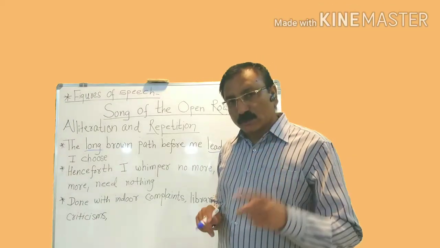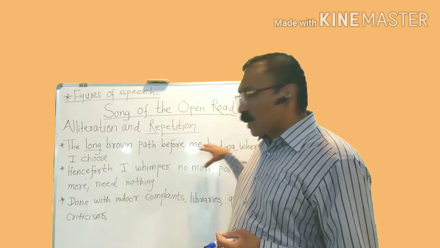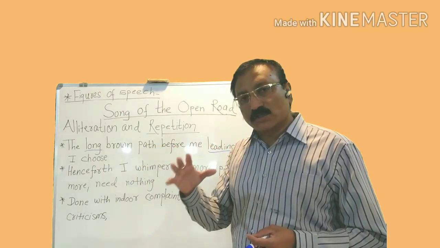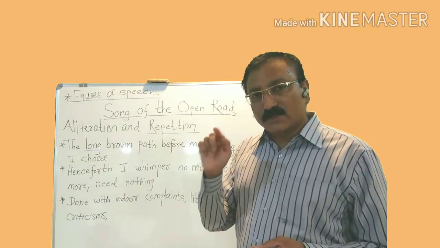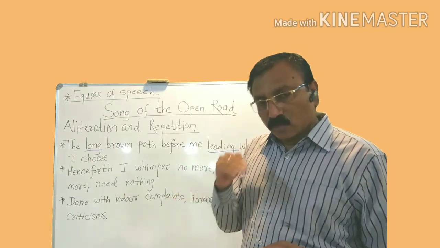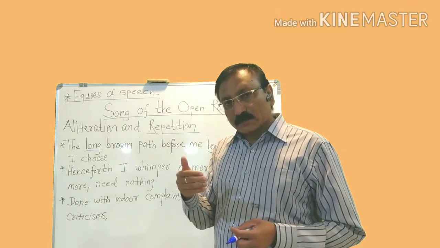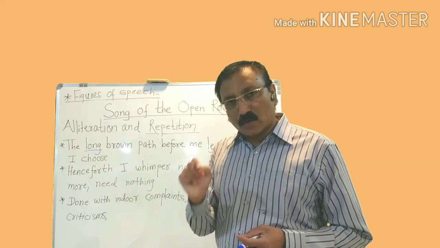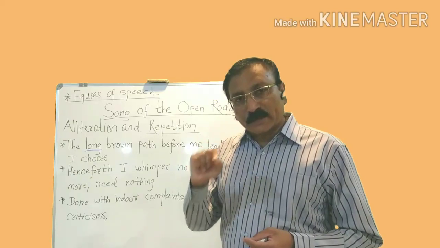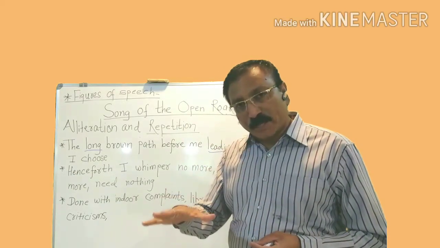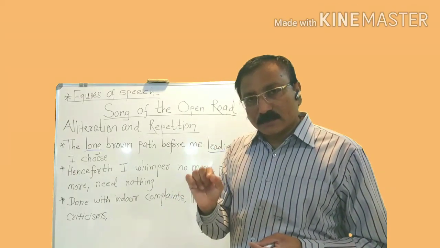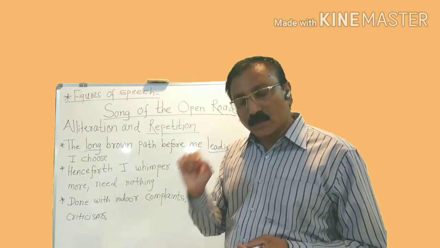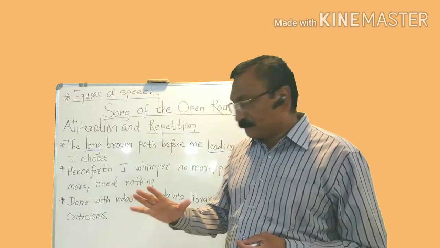So these two words, long and leading, begin with the same consonant sound, and that is L. So when there are two or more words beginning with the same consonant sound in the same line, that line is called an example of the figure of speech alliteration.